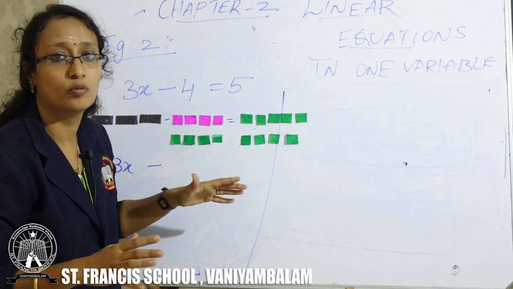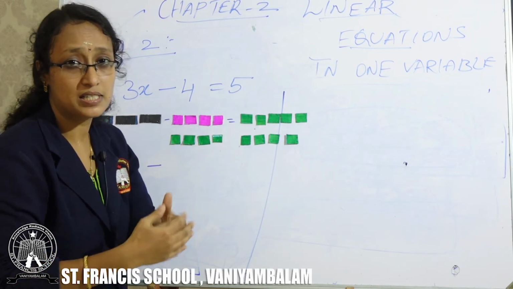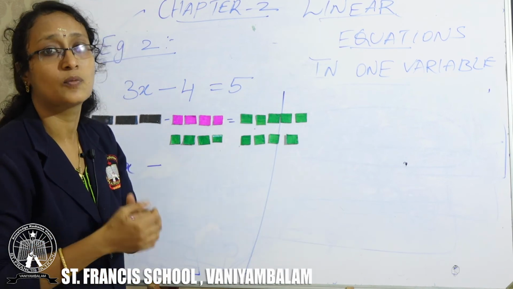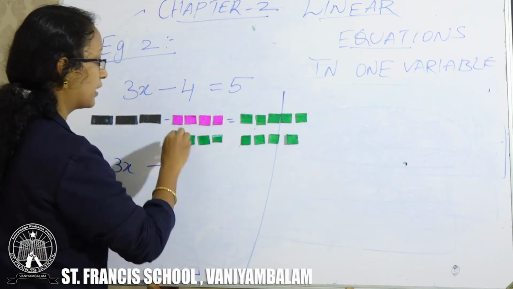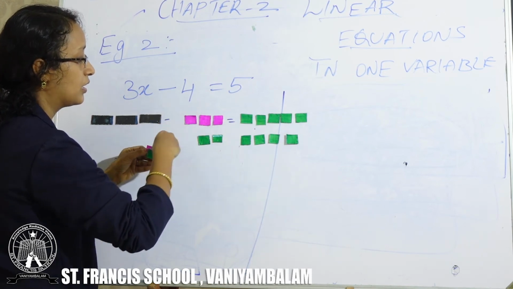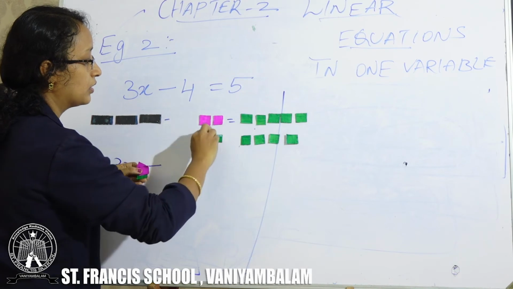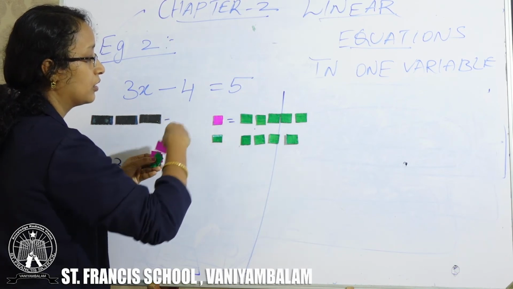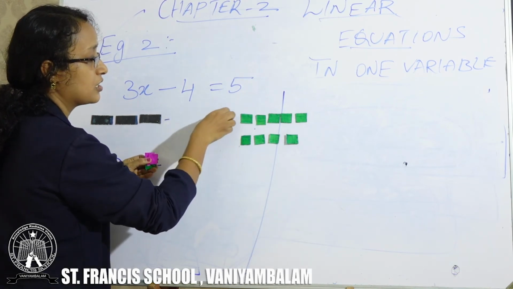Numbers that are the same but with different symbols will get cancelled. So I can remove this one set, the next set, the third set, and the fourth set. Got it?